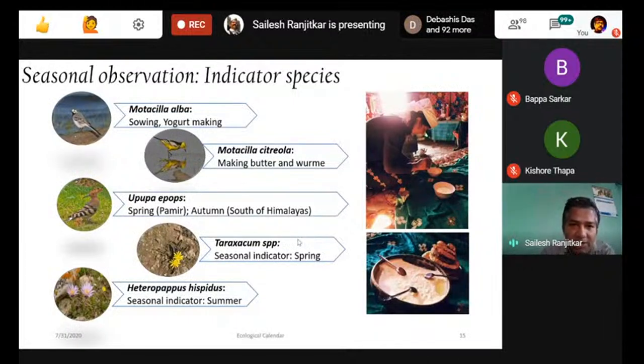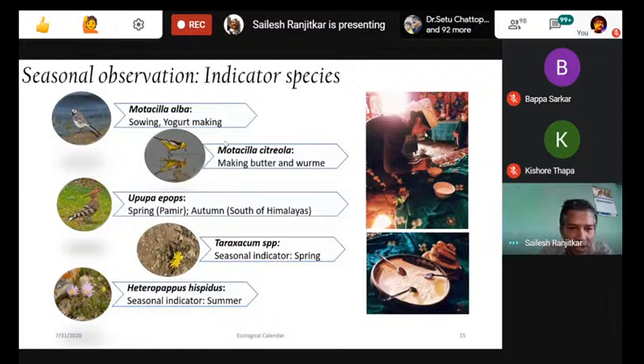Wagtails are very important indicators of a change in the season, or of starting certain activities, such as sowing in the Barma region, yogurt making, butter making, and this worm, which is one kind of food in the Barma region. So the arrival of two species of wagtail informs them, okay, this is the time for doing this kind of activity.